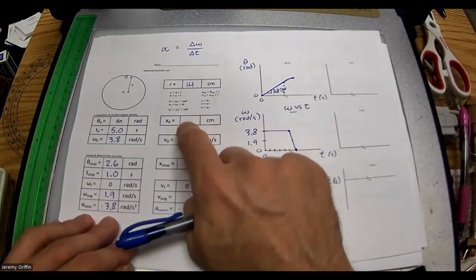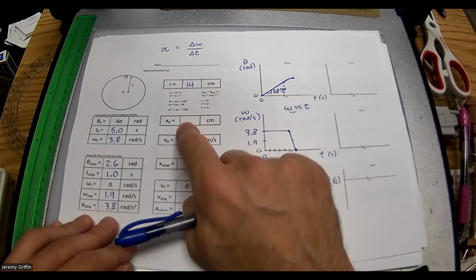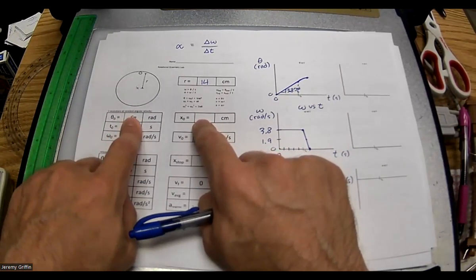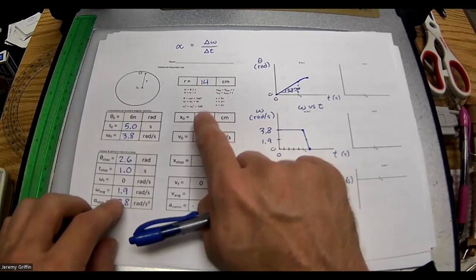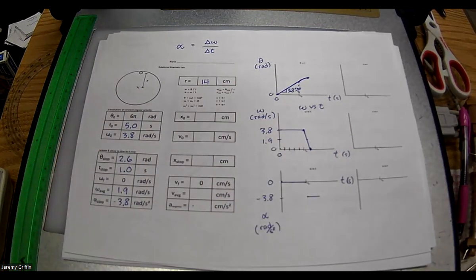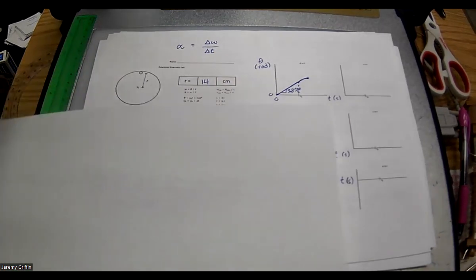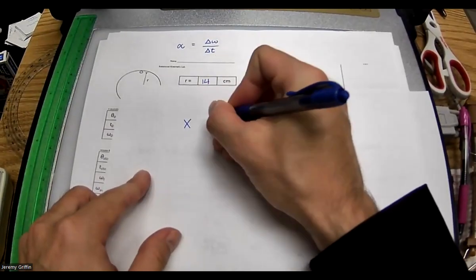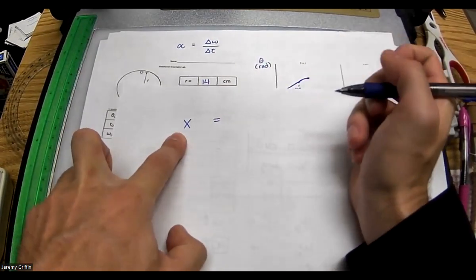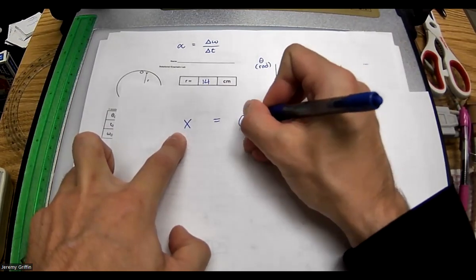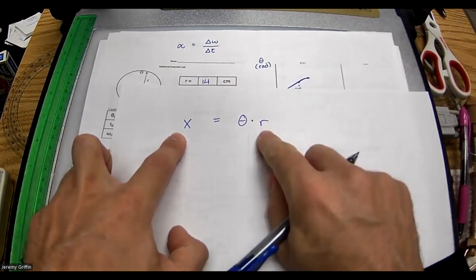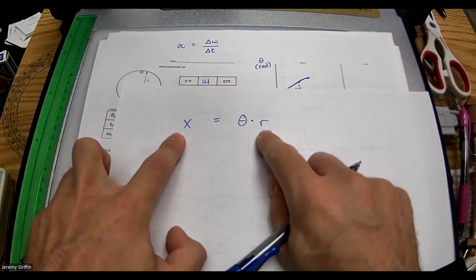So this question: how far did that coin move during those first 3 revolutions, or 6 pi radians? Well, can you just say how far something's moved? Linearly, distance in the linear sense is how far it's rotated times its distance from the center. You guys can do that, right?